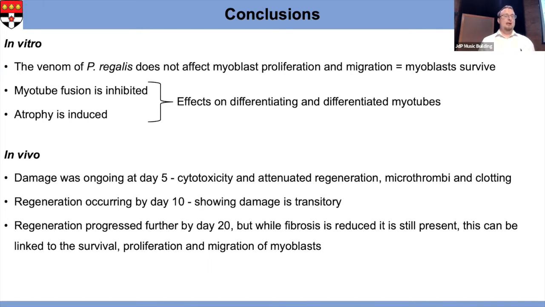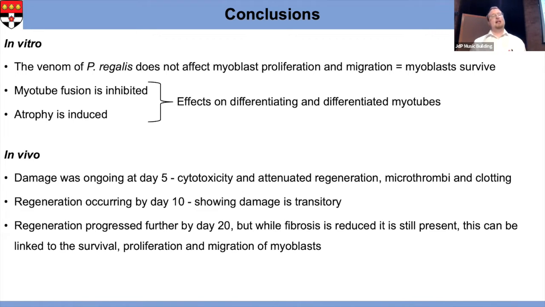In vivo, damage is occurring at day 5, which indicates cytotoxicity of the venom and attenuated regeneration, and microthrombi and clotting indicate indirect damage. So regeneration is occurring at day 5, showing that damage is transitory and regeneration can occur.